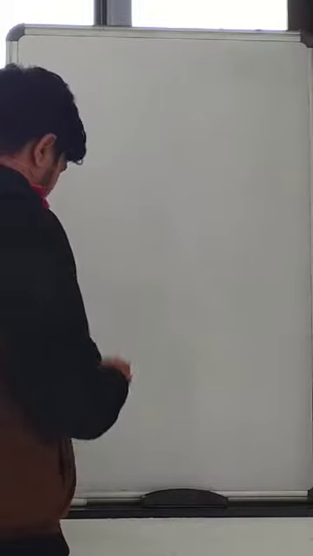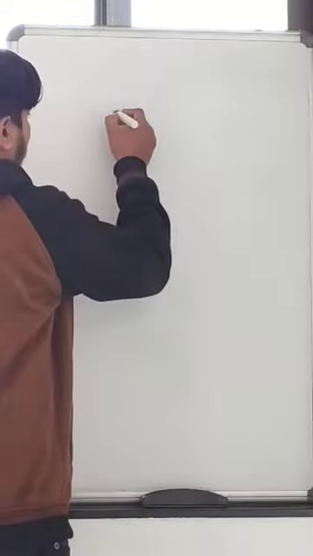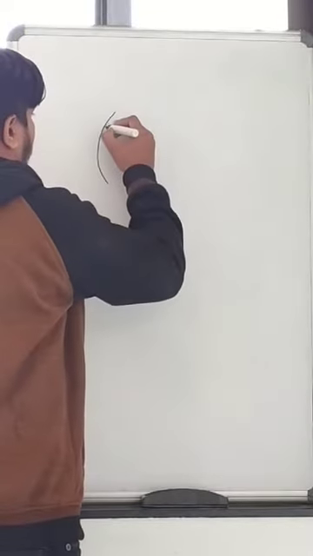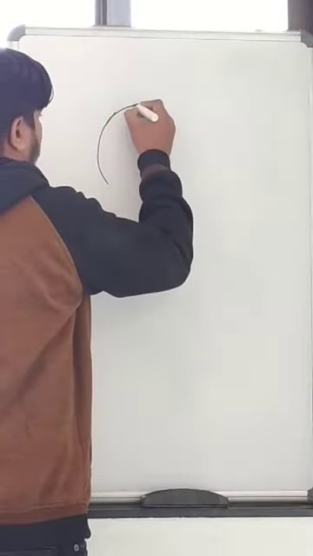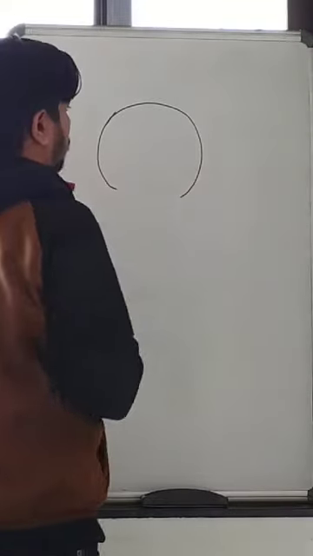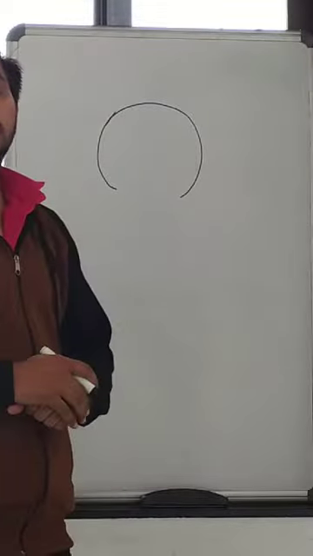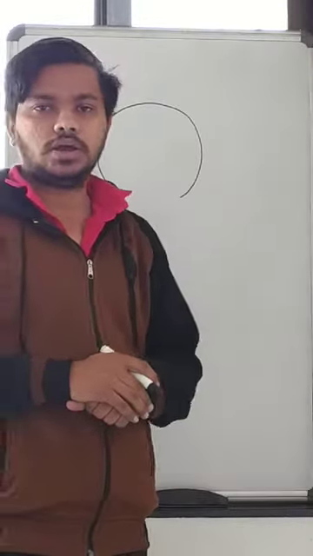If you think about one loop, here is one conductor in a circular shape, like that. Okay? And this is the whole conductor which conducts the current.